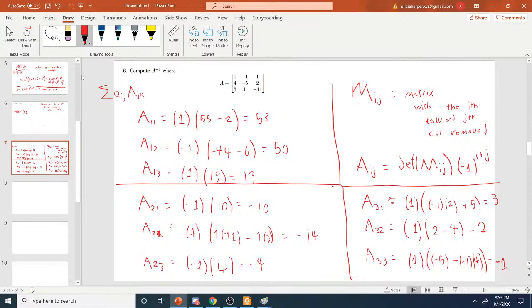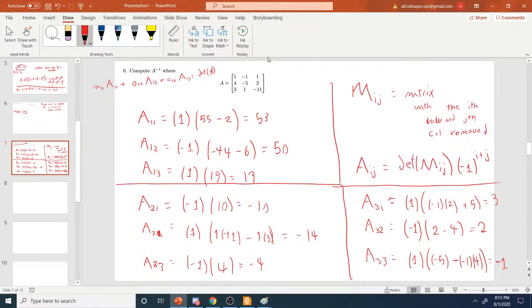What do I know? I know that A11 times A11 plus A12 times A12 plus A13 times A13 is equal to the determinant of A.